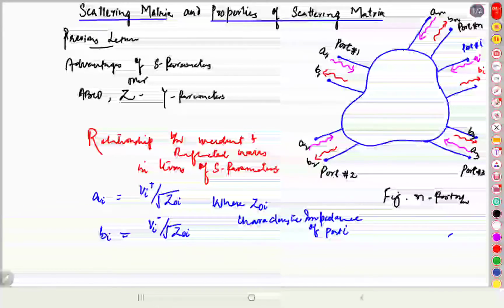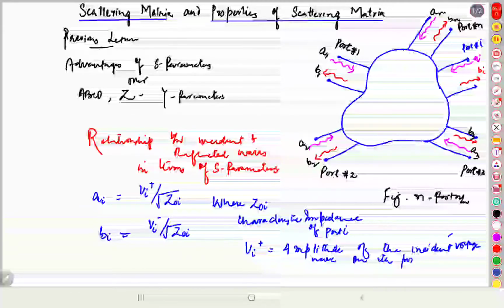So what is Vi positive and Vi negative? Vi positive is the amplitude of the incident voltage wave on the ith port, and Vi negative is the amplitude of the reflected wave at the ith port.